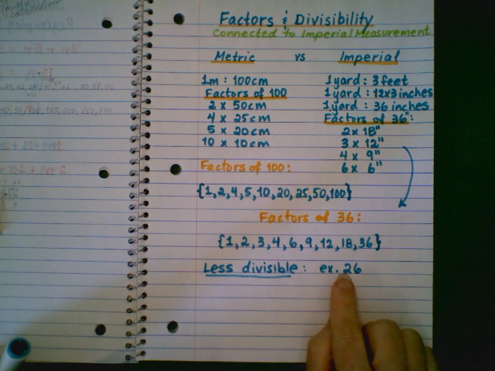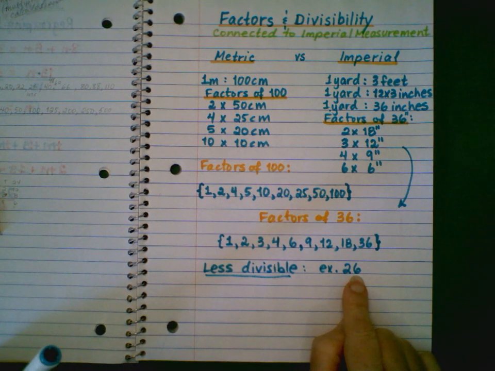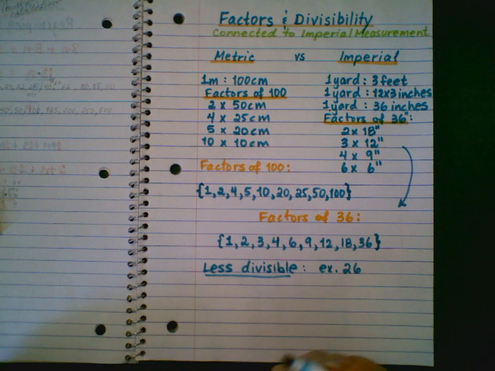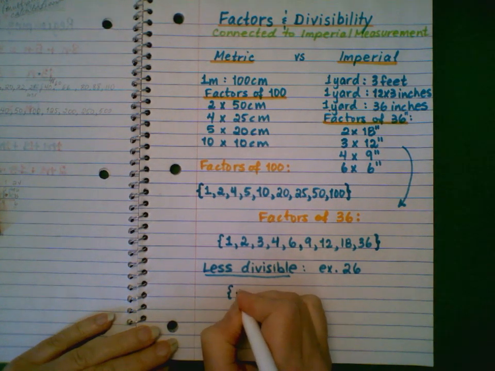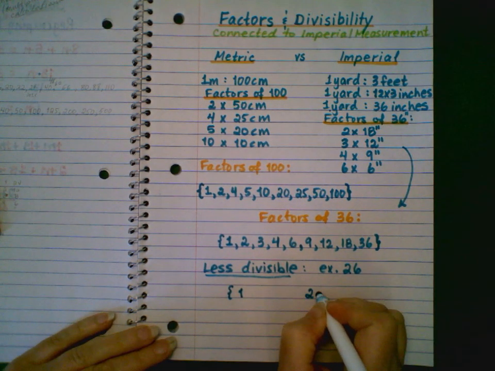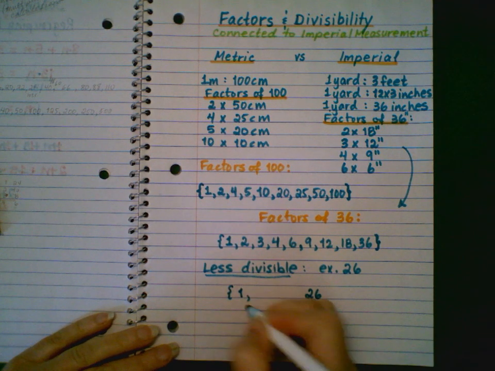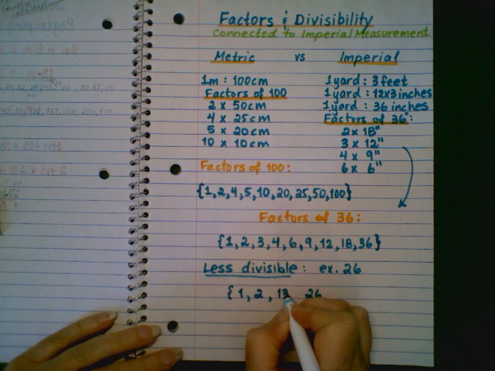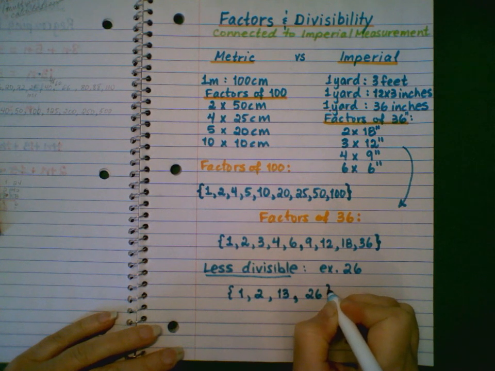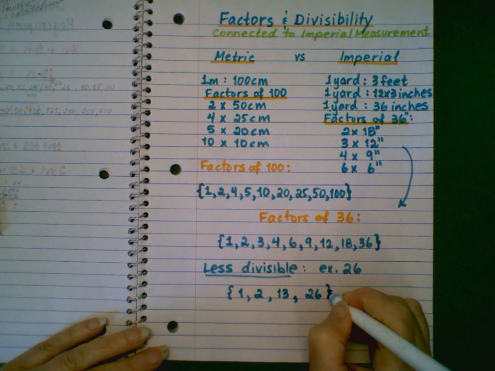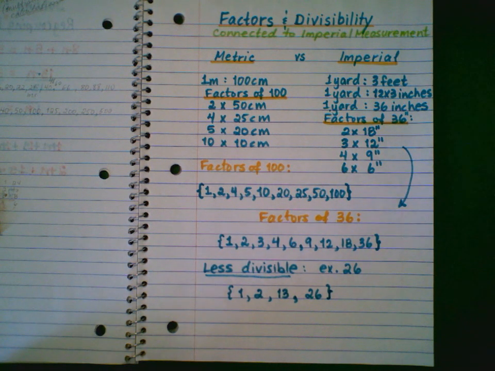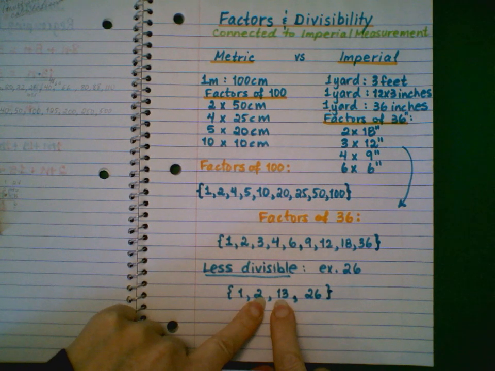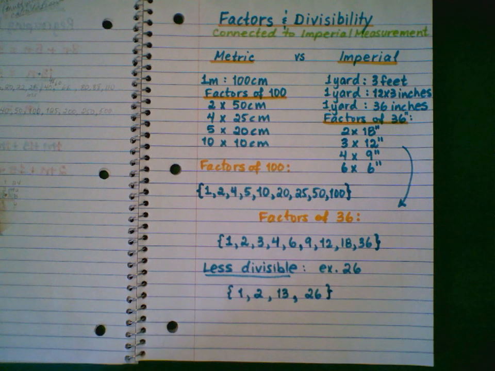If you think about the ways that 26 can be divided up, you can make 1 times 26, that's one way, and you can do 2 times 13, and that's it. So the number of possible combinations of values that multiply together to make that value of 26 is limited, much fewer possible combinations.